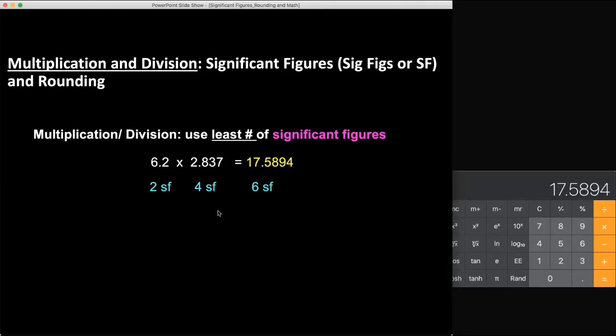I want the least amount, so I want 2 sig figs. So 17 point, and then I look at that 5 that's after it. I'm going to round up 1. So my final answer is going to be 18, and that's 2 sig figs.